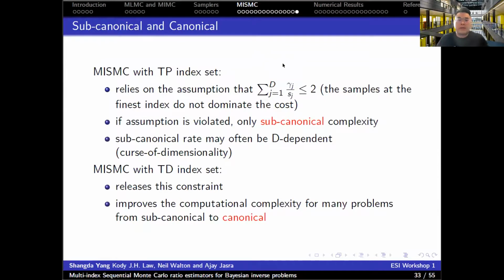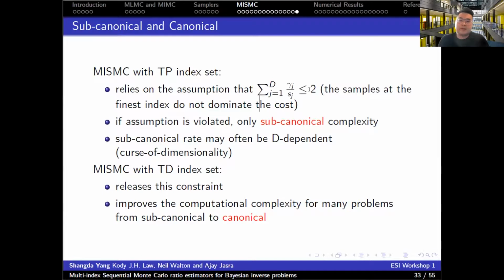A short summary here is that by comparing the multi-index sequential Monte Carlo with a total degree index set and the tensor product index set, we can see that the TP set heavily relies on the summation assumption to achieve a canonical rate.